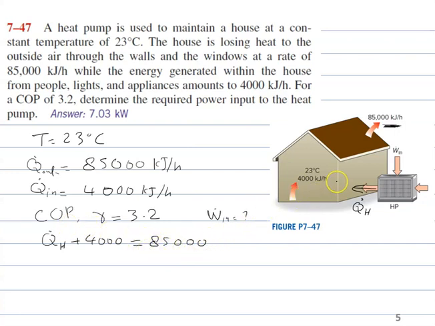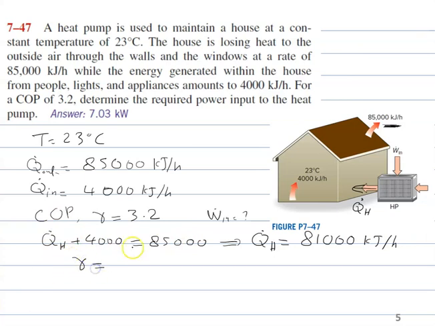We need heat in equal heat out so that the temperature will be constant. For the temperature to be constant, there must be heat balance. Therefore, we found QH equals 85,000 minus 4,000, that is 81,000 kilojoule per hour.